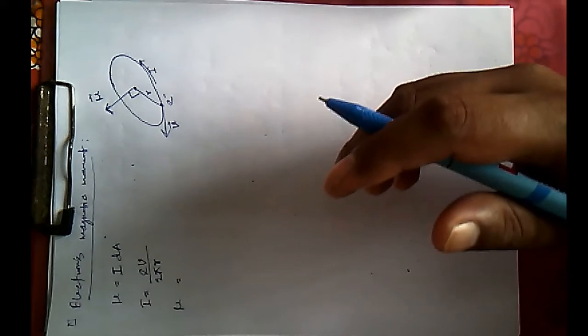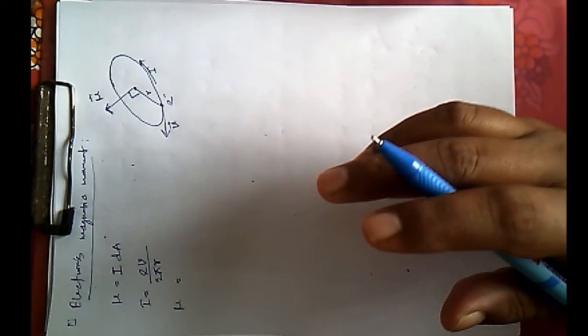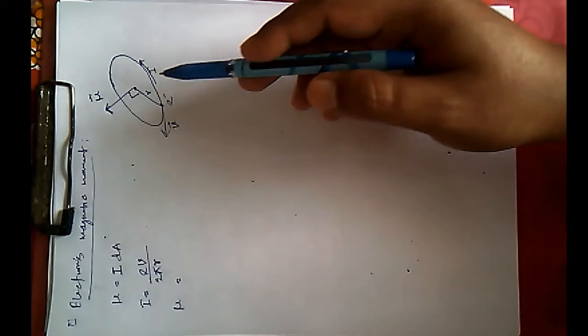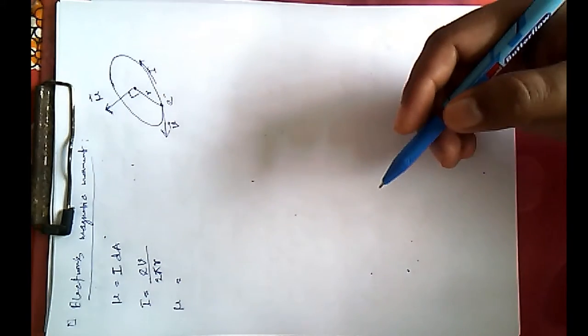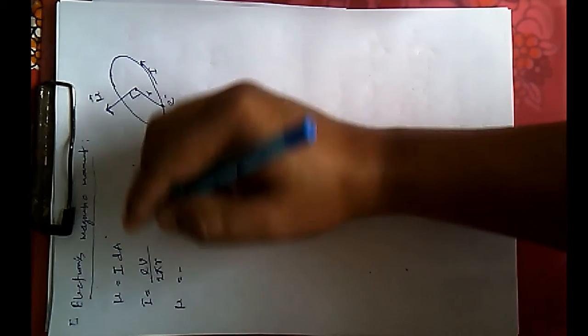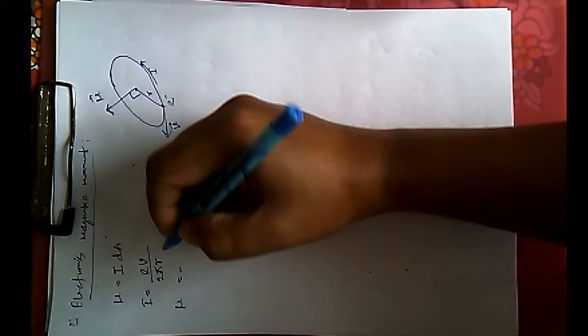So this is fine. Now if I put this expression there, one thing you have to understand here: since the current is in the opposite direction of the movement of the electron, we can bring a negative sign, or you can put the charge of the electron, which is denoted by a negative sign.